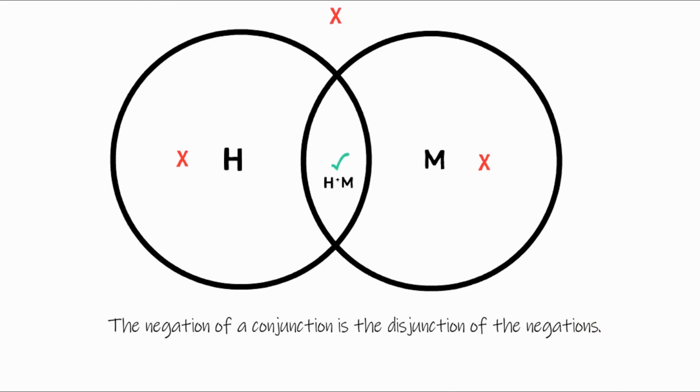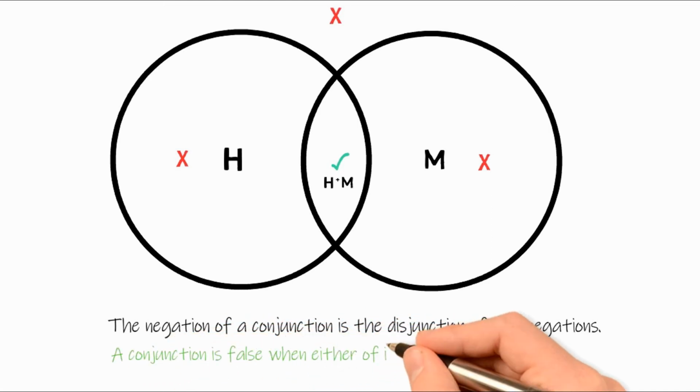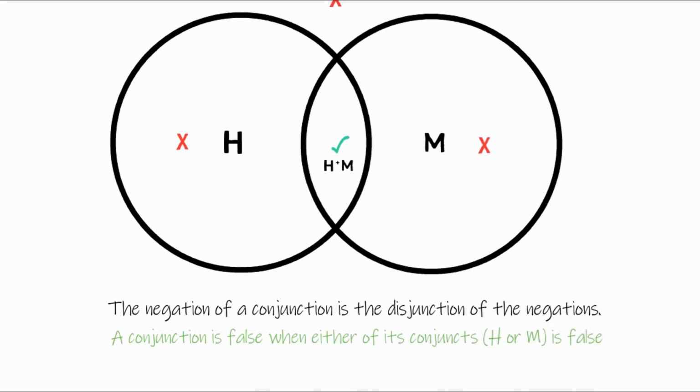And now I want to rewrite that in terms of truth or falsity with regards to a conjunction. So, based on our Venn diagram, we would say a conjunction is false when either of its conjuncts, either H or M, is false. You'll notice that both of these statements say the same thing, the negation of a conjunction.